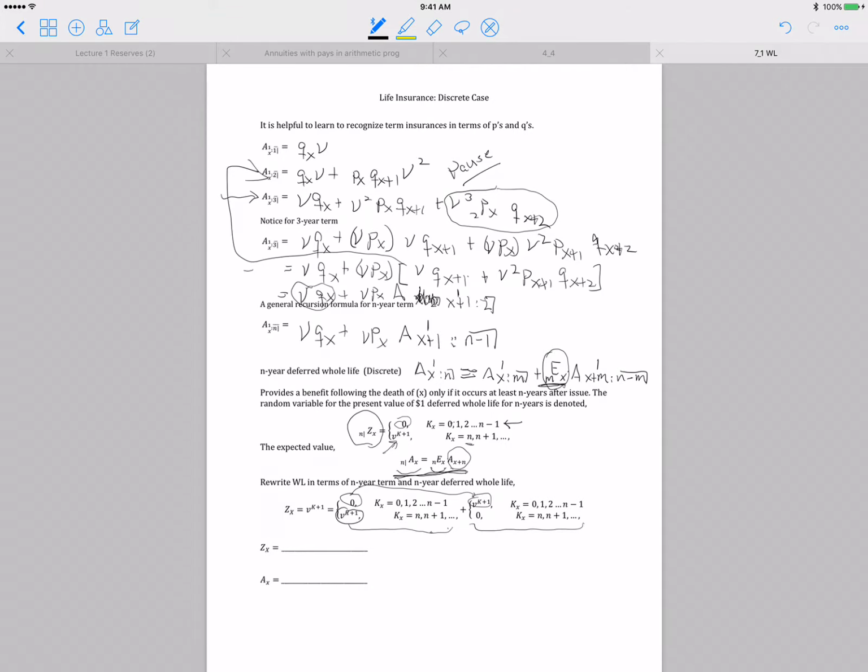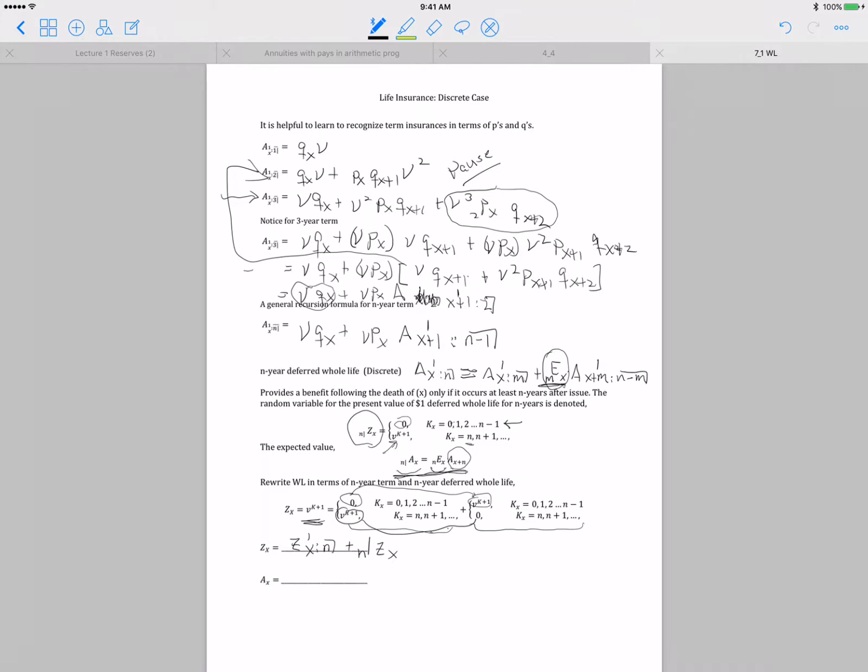And this v to the k plus 1 also adds to this 0, so that I just get, no matter when I die, v to the k plus 1 for my random variable. So therefore, my random variable for whole life is equal to my random variable for n-year term plus my random variable for n-year deferred whole life.